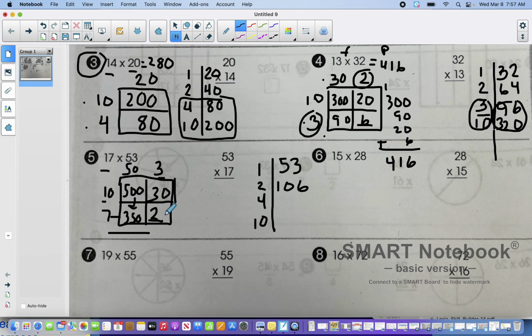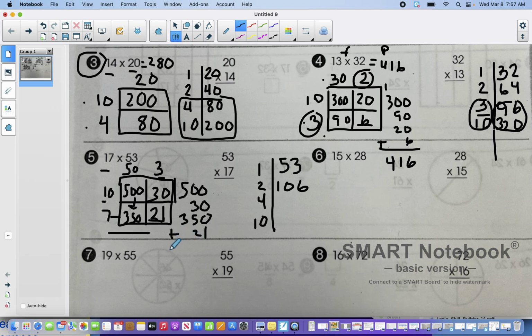And then you would add all those together, okay? So you would rewrite them and add them up. 500, 30, 350, and 21. Click pause if you didn't do this.